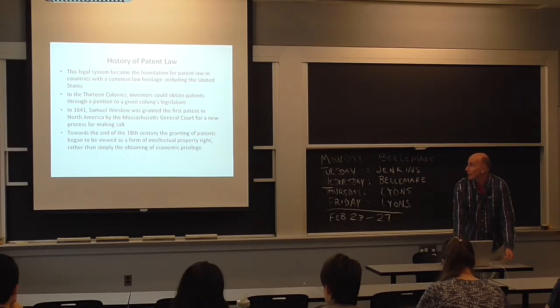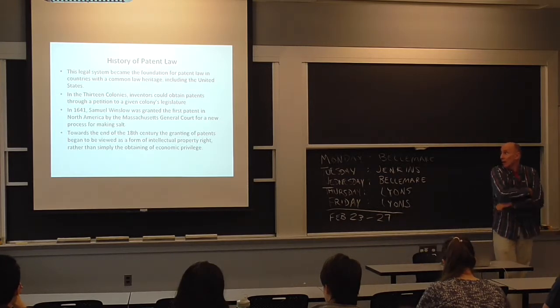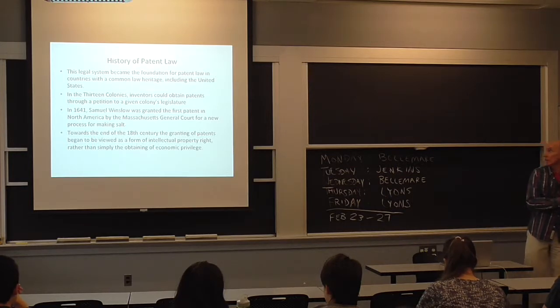In the 13 colonies, inventors could obtain patents through a petition to a given colony's legislature, which in the 1600s was called the General Court in Massachusetts.